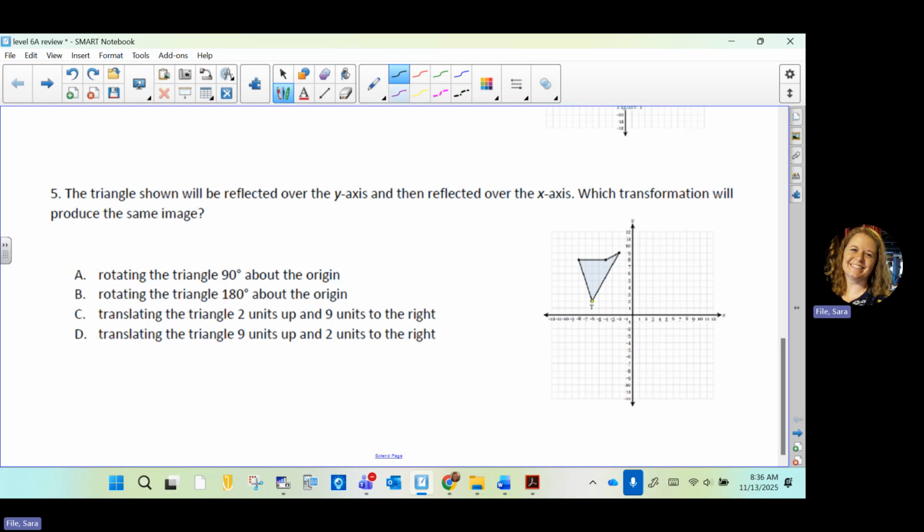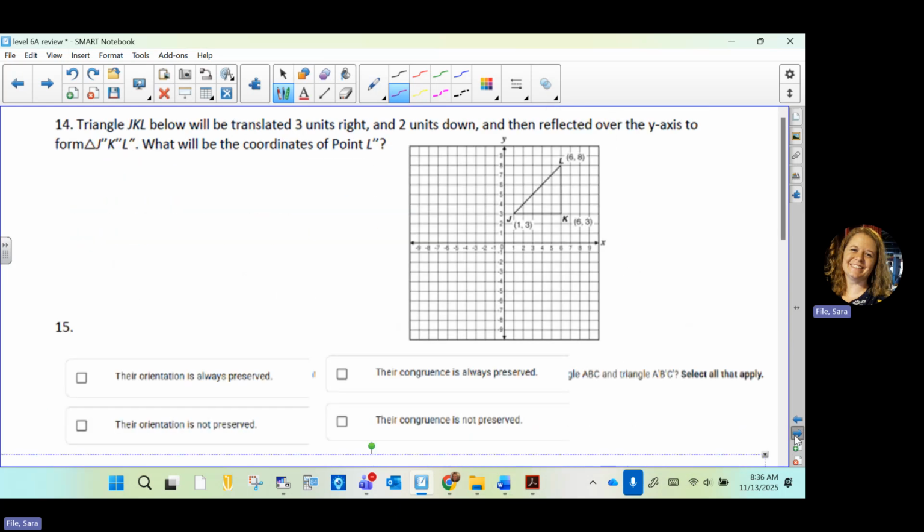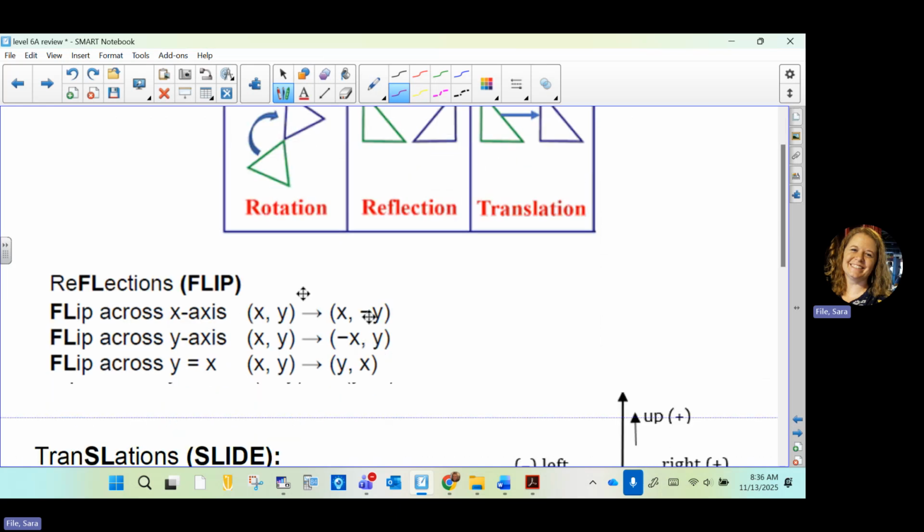Point T here is at -6, 2. Look at those reflection rules. They're in your notes and they're going to be on your formula chart.